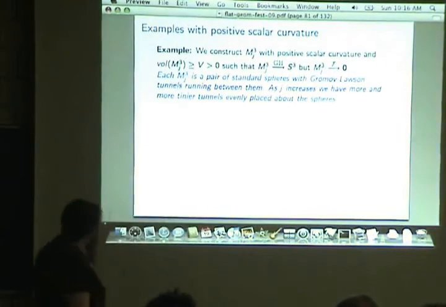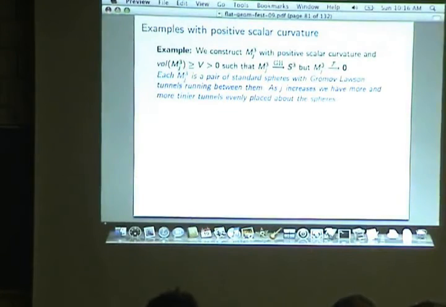So let's do one more example before I talk about those proofs, if I have time. The positive scalar curvature, which was the original question that Lehman had been interested in. Is it possible that in the positive scalar curvature setting, which is open, one might be able to avoid cancellation somehow? This example shows that sometimes you can't avoid cancellation.